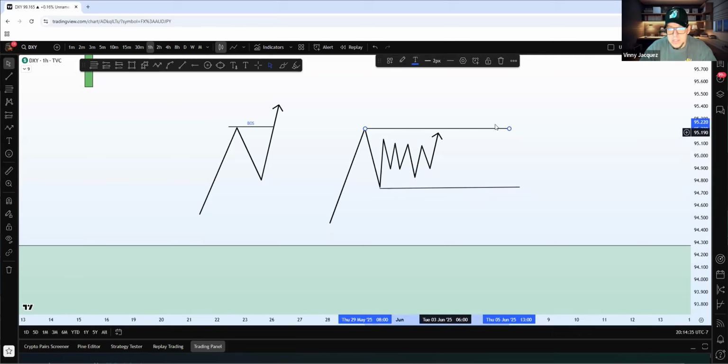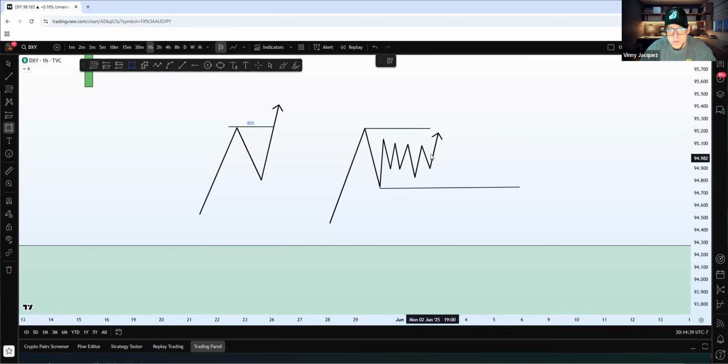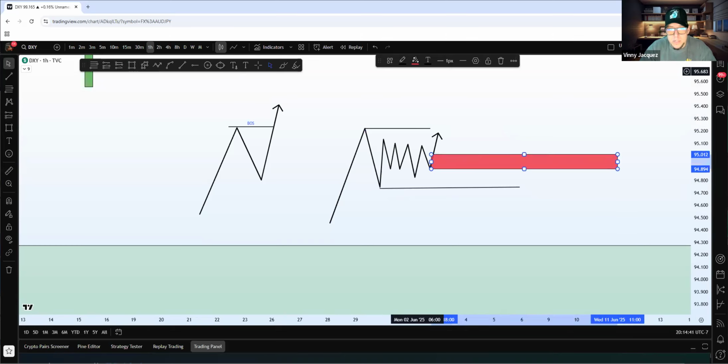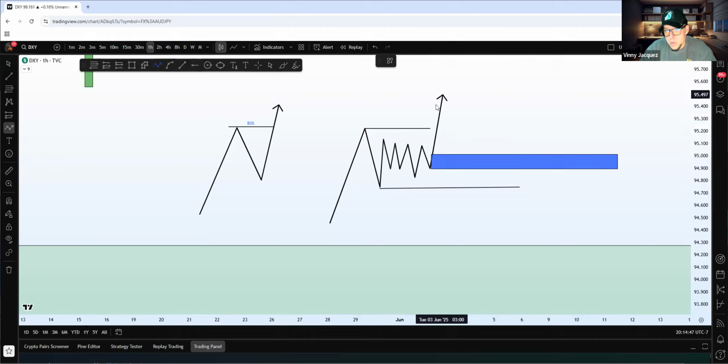Because a lot of people are going to be looking for buys around here. Okay, let's just change this to blue. A lot of people are going to be looking for buys around here. Now, what happens when the market drops and gives this zone a little bit of trouble? Now the market breaks in and closes below this area.